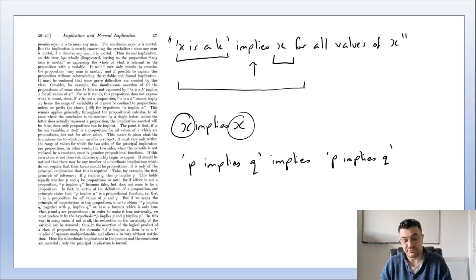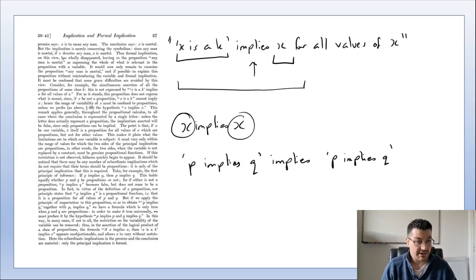So if we go back to chapter 2, the propositional calculus, in section 18, the principle of importation is, I think, number 7. So that's in section 18 from chapter 2.